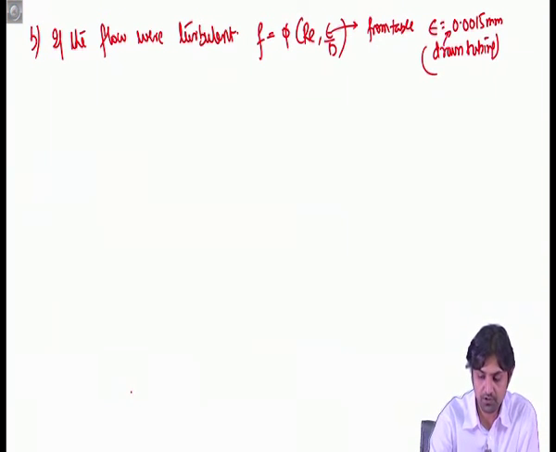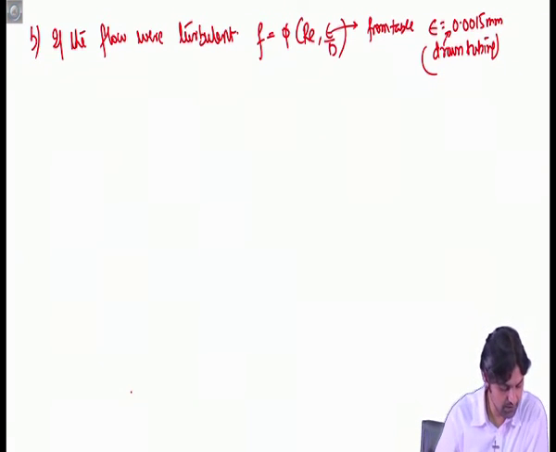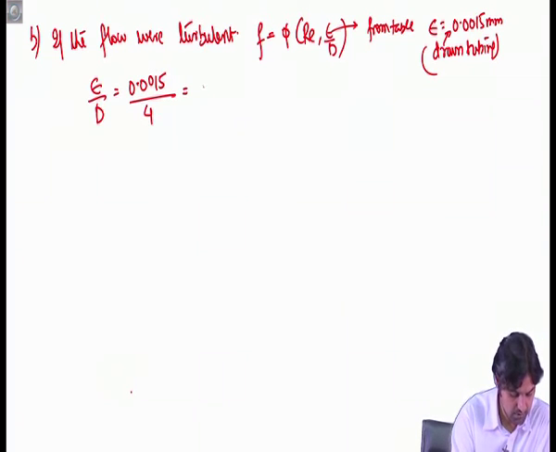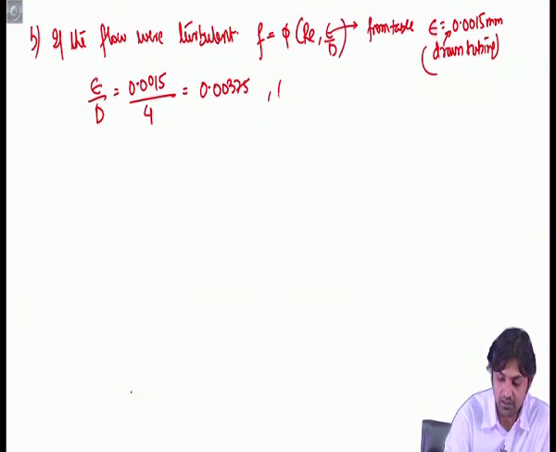So we calculate epsilon by D, which is 0.0015 by diameter, 4 millimeters. So we get 0.00375. And Reynolds number came out to be earlier 1.37 into 10 to the power 4.